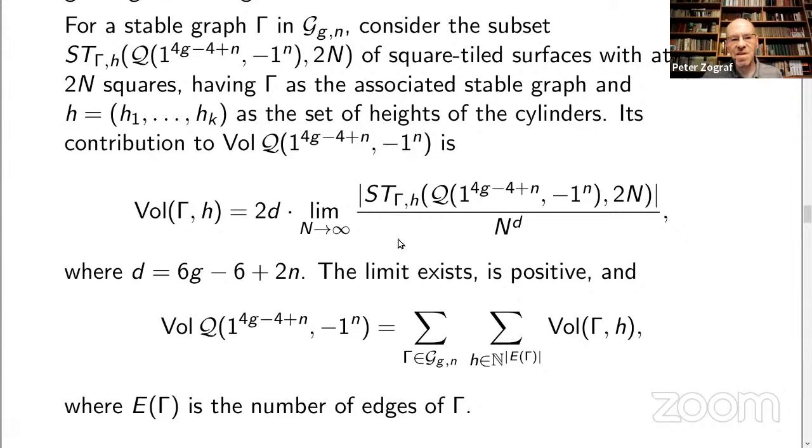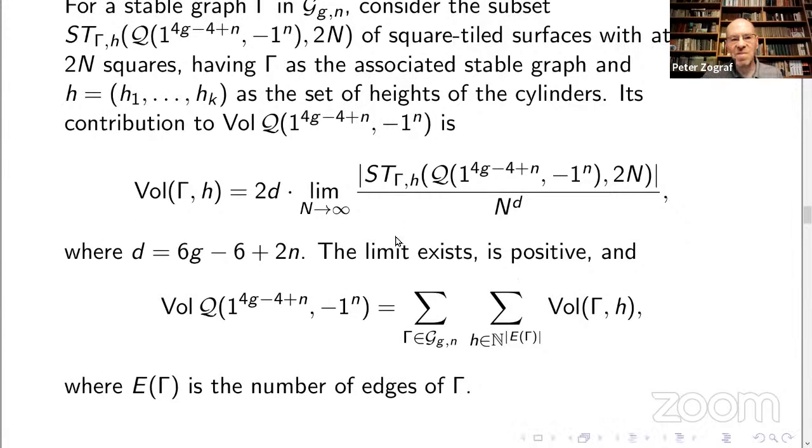Here d is equal to 6g minus 6 plus 2n, the dimension of the moduli space of quadratic differentials.